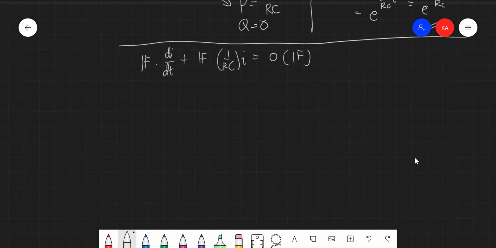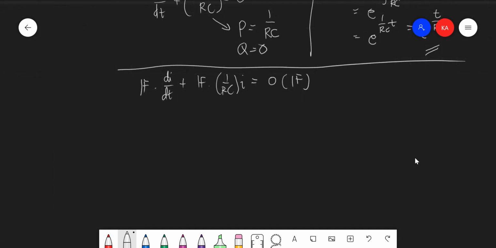This is as I explained about the integrating factor method. And for this point, this is the Q, so we got that this is 0.